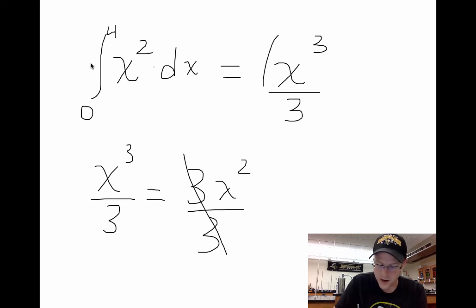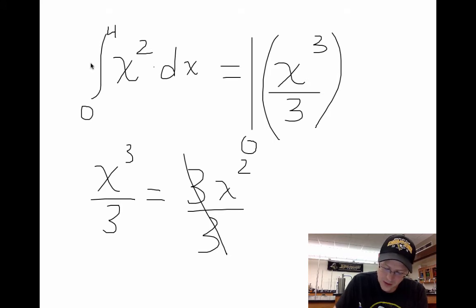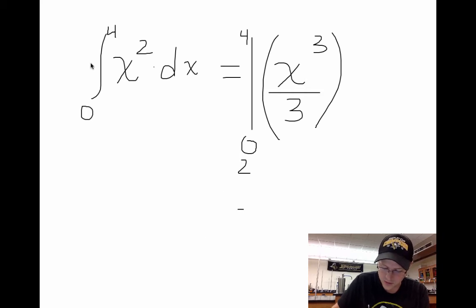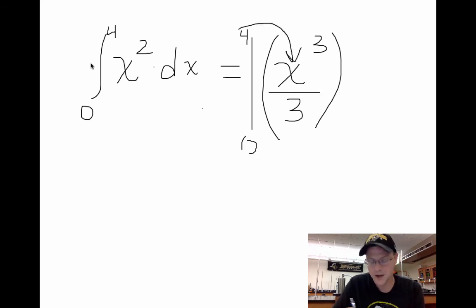Now, when we have bounds or limits of our integration, we need to evaluate the function now with the bounds we have. My x cubed over 3 needs to be evaluated between 4 and 0. So what that means is I need to put 4 in for x, and then I need to put 0 in for x.